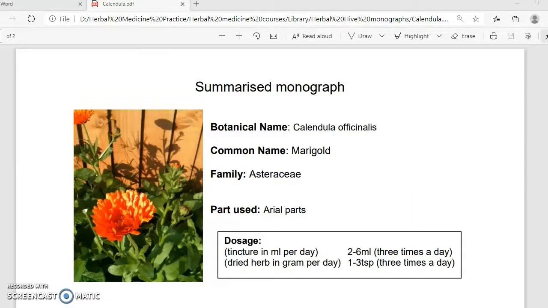A side effect is usually when the herb is taken in a much higher dose, what effect does that have in the body? So for example, if you were to take a lot of calendula, you may well find it has a laxative property. But it doesn't necessarily mean that it is a plant that is laxative just within normal dosage range.